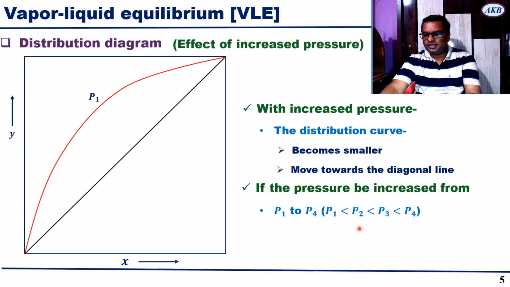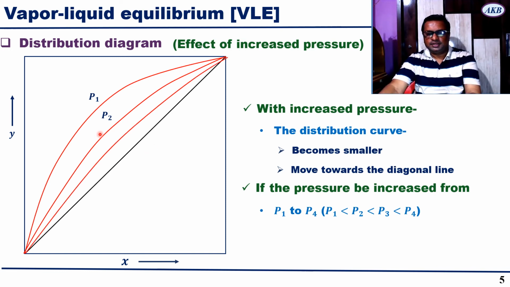If you plot the distribution curve at that pressure, you get a curve like this, which has become smaller and has moved towards the diagonal line. So this happens at increased pressure P2. Then if the pressure is increased further to P3, again the distribution curve has become smaller and has moved closer to the diagonal line.